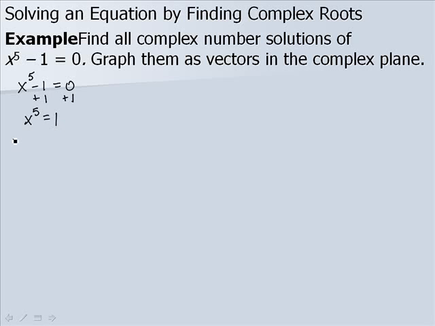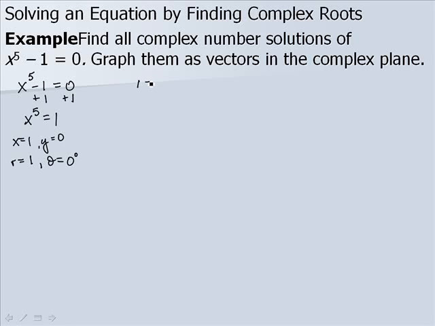So in this case, x would be 1 and y would be 0. We'll find our r value and our theta value on our calculators as we've done previously, and we'll get a value of r of 1 and a value of theta of 0 degrees.